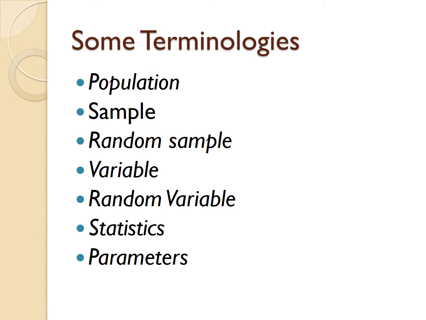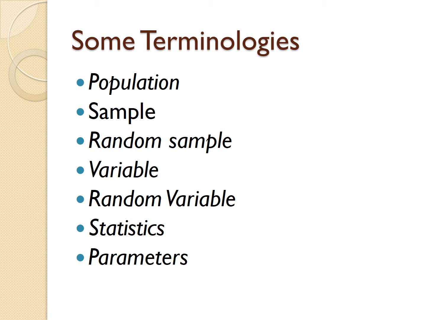Random sample is a randomly selected subset of the population, and it's representative of the population. Variable is a measurable, identifiable, defined characteristic of interest from the population or sample.